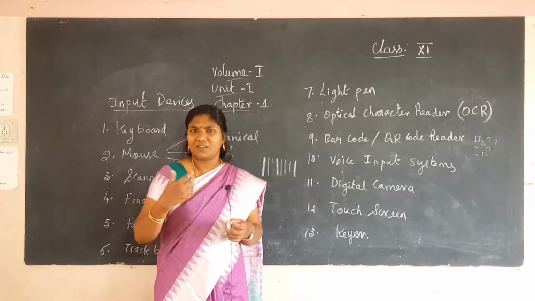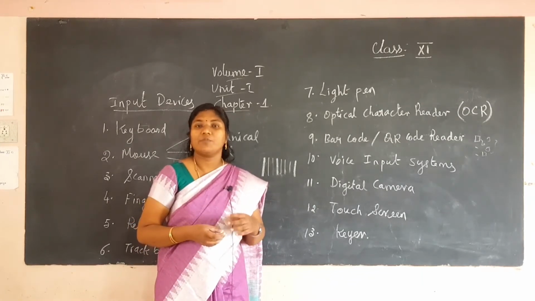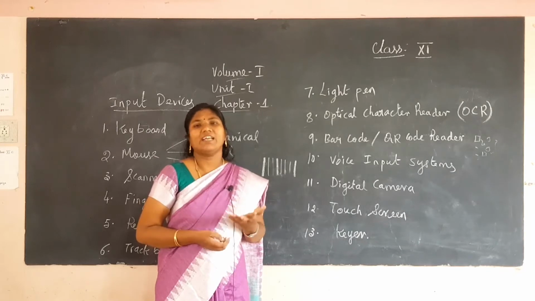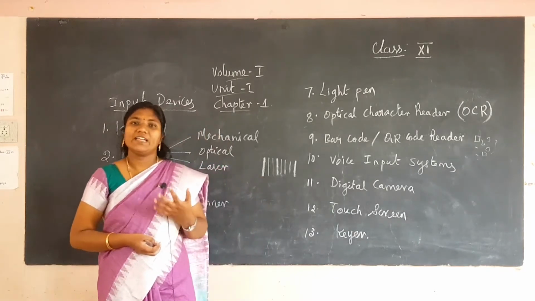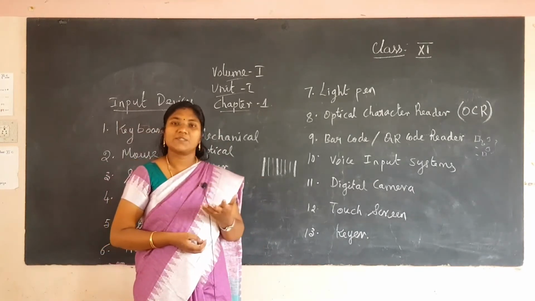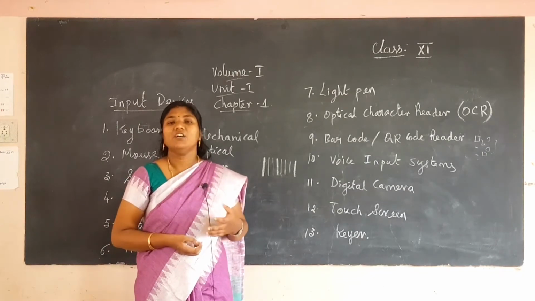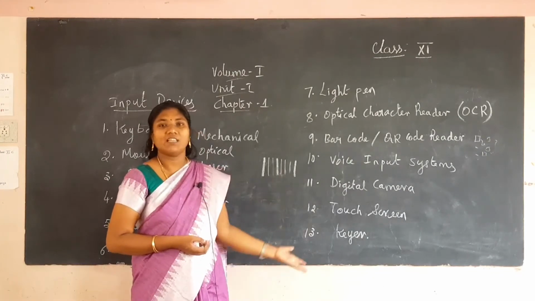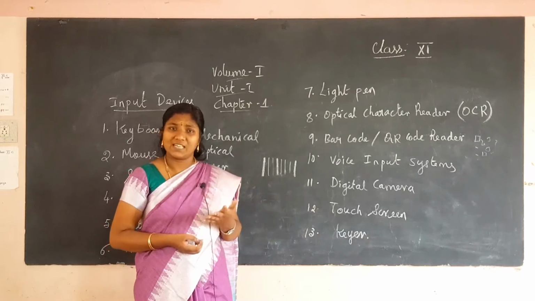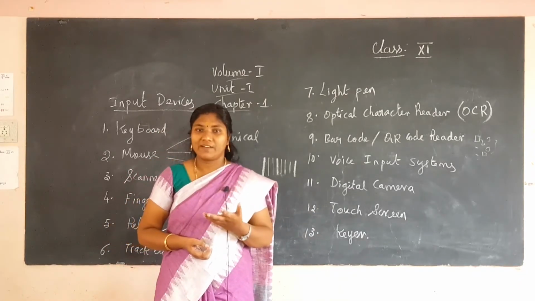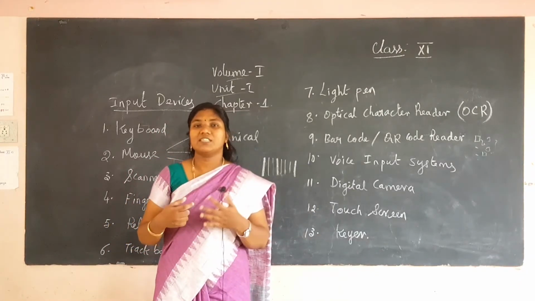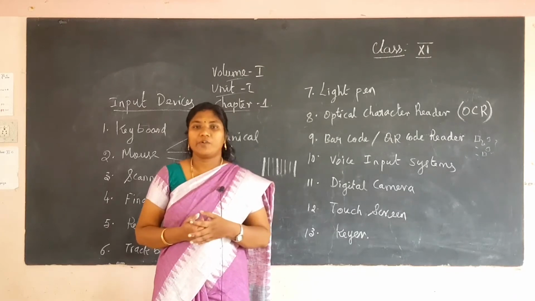The question may be asked in this way: they might ask you to write any 5 input devices or explain any 7 input devices. At that time you can choose any 7 or any 5 among these 13. However many they have asked, you can choose anything which is known to you and write.